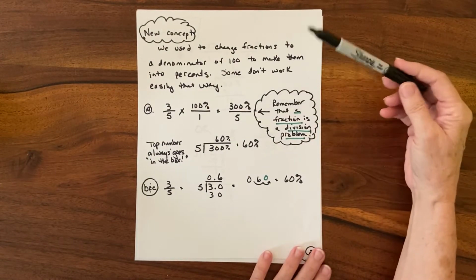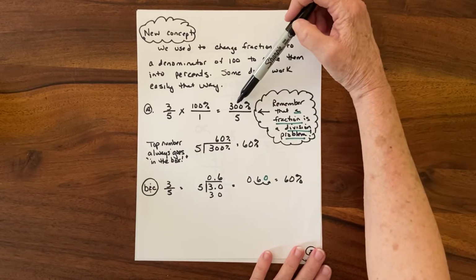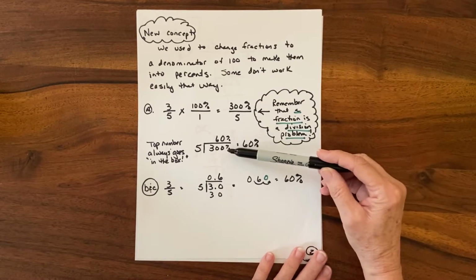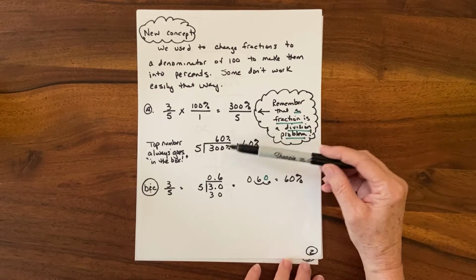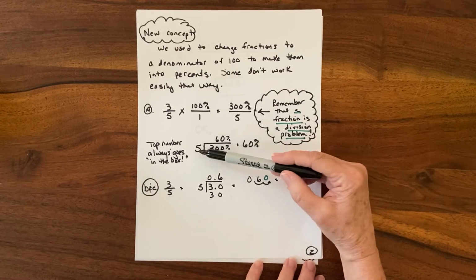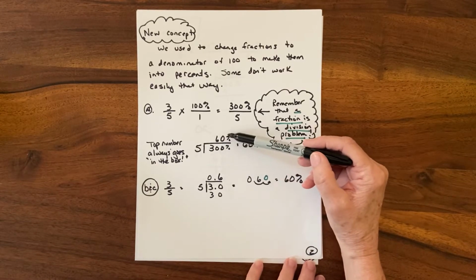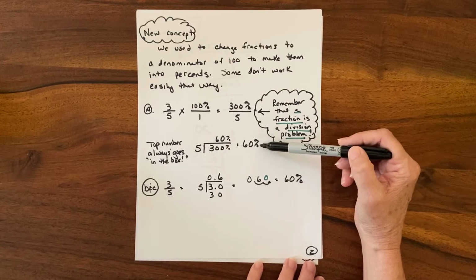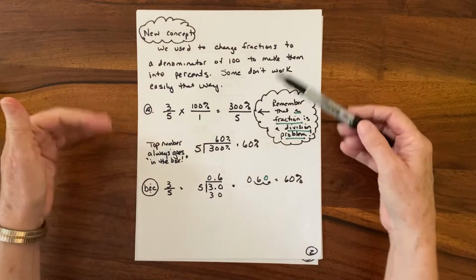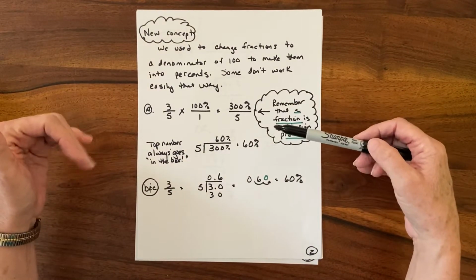But if you remember that fraction is a division problem, so that bar can mean divided by. Top number always goes in the box. So put your 300% in the box. 5 goes into 300 60 times. There's your percent. So your answer is 60%, right? So that's the new concept in the book.